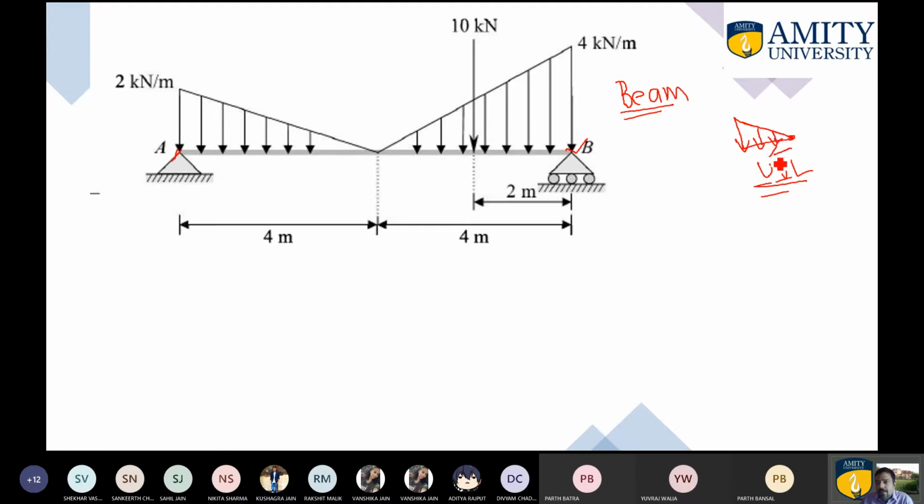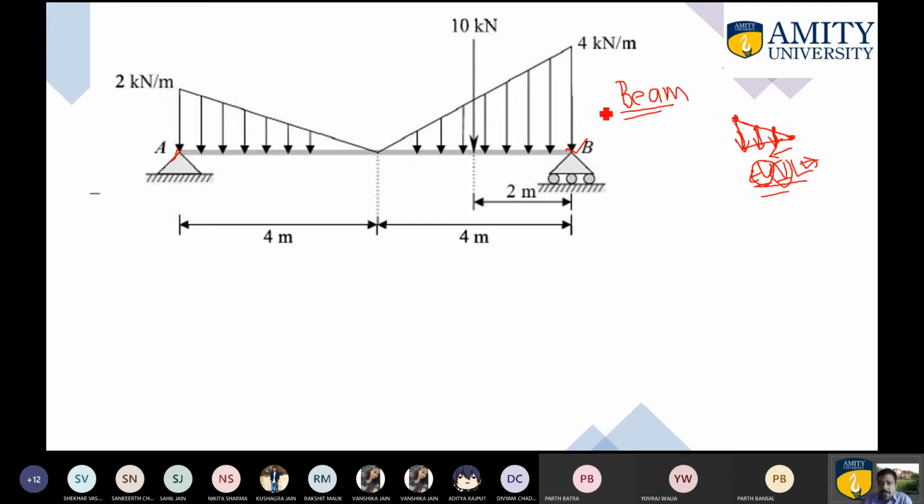Once you move towards the left side, the load is continuously increasing, and if you join all these extreme points, they will lie on a straight line. That is why the word uniformly is there. Why is it varying? As you can observe, it has a different magnitude at all the locations. That is why it is known as varying, and as it is a kind of force, it is known as load.